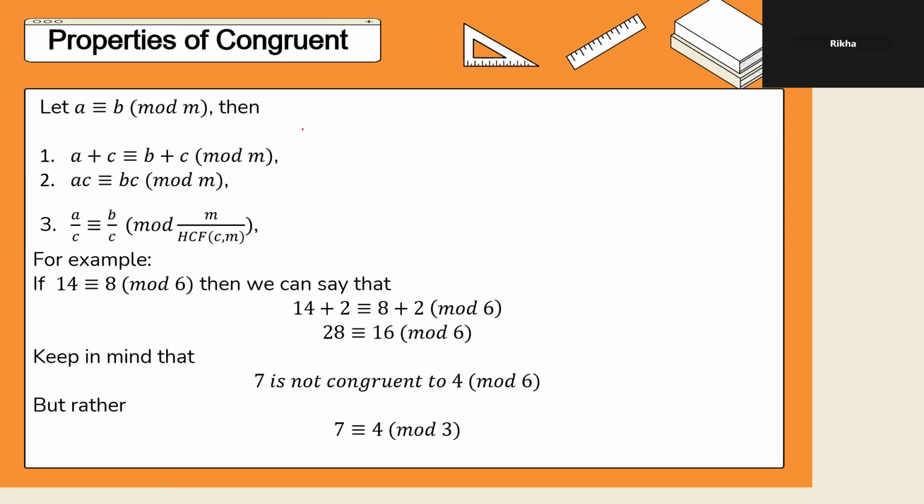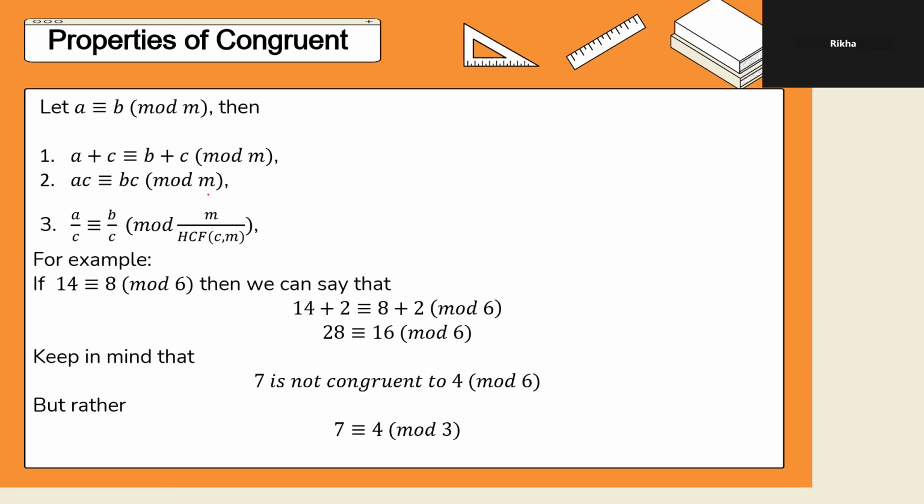And then you need to know, in order to solve problems regarding congruence, you can do modification. Modification has to follow these properties. Let's say A is congruent to B modulo M. Then you can add both A and B with the same number and they'll still be congruent. That's the first property.